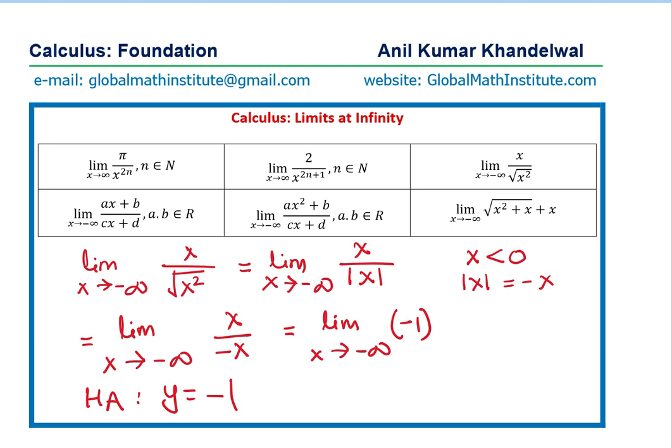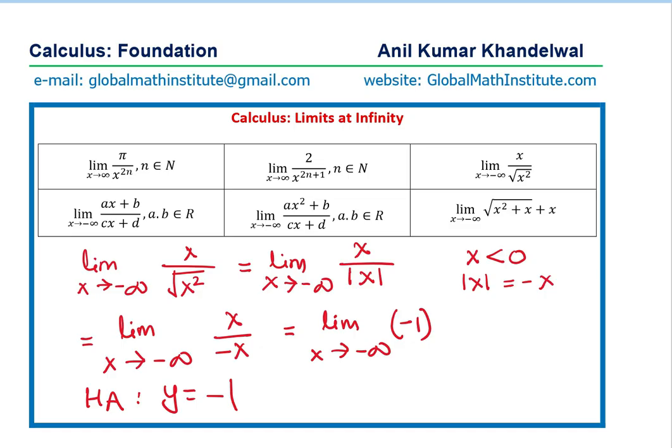Now we are approaching with this kind of function a negative value, negative 1. In case you put a value here, then if you see how it really approaches, it is a horizontal line approach. So here the horizontal asymptote is y equals negative 1, correct?